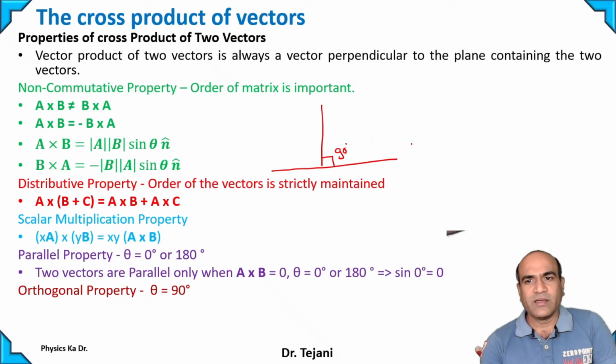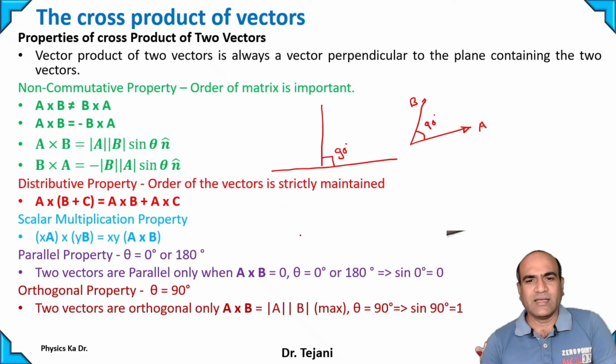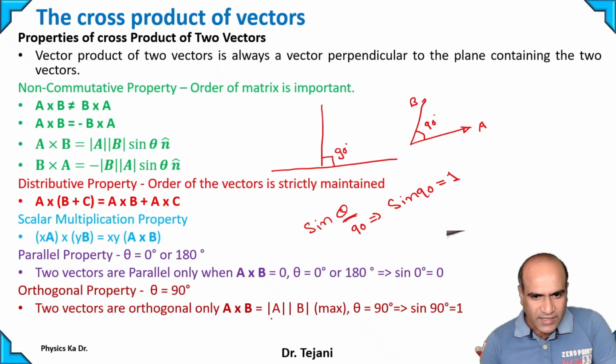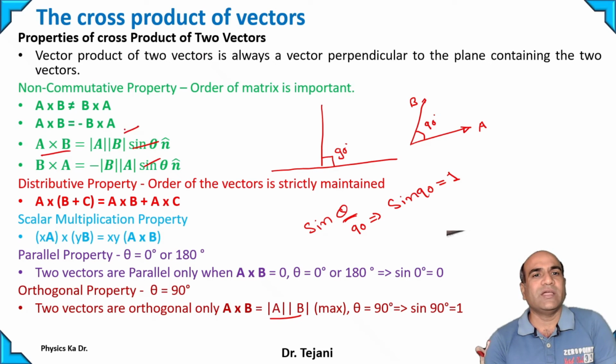So if you talk about two vectors A and B, and it is mentioned that this angle is 90 degrees, then we know that it gives sine theta, and sine 90 degrees is equal to 1. So it becomes 1, and therefore A cross B gives a maximum.